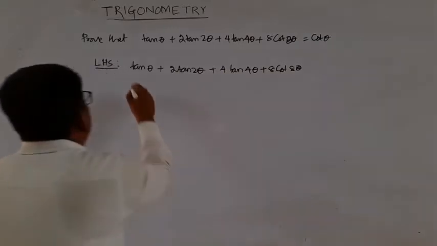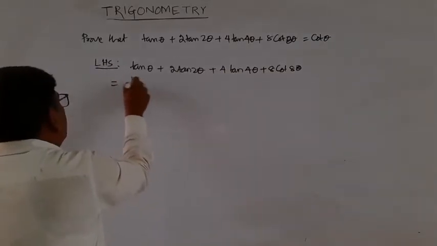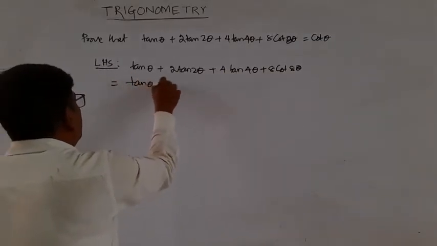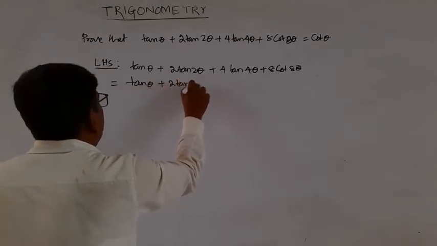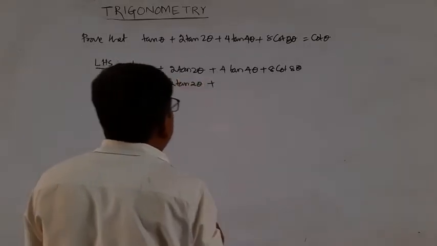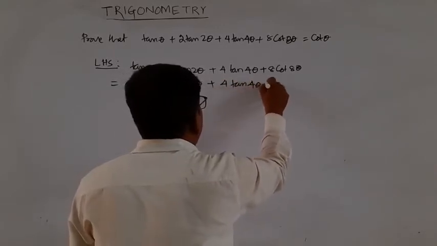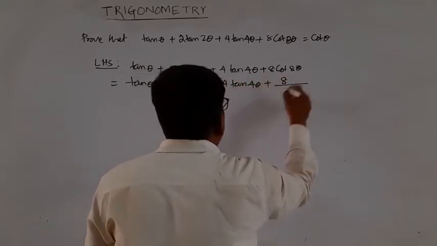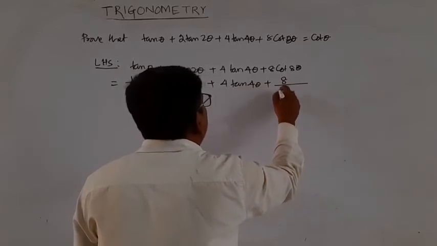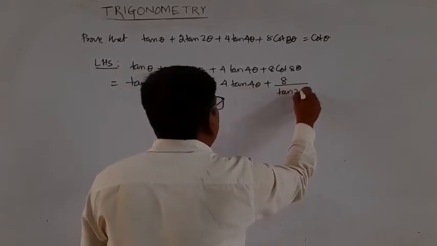Now this is tan theta plus 2 tan 2 theta plus 4 tan 4 theta plus 8 by tan 8 theta. Tan 8 theta means 2 into 4 theta.